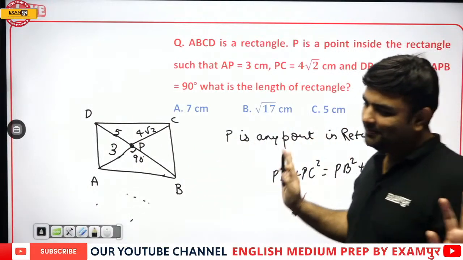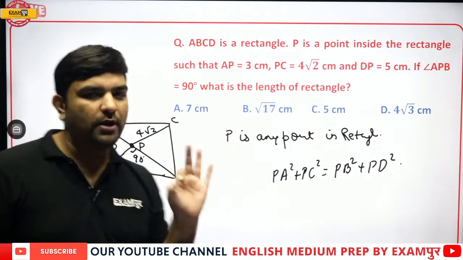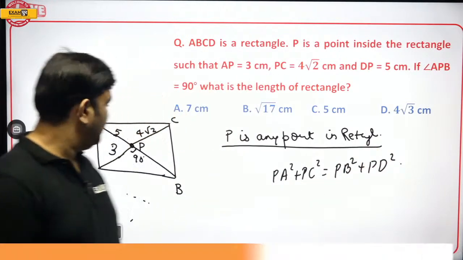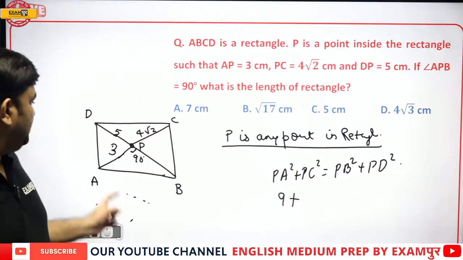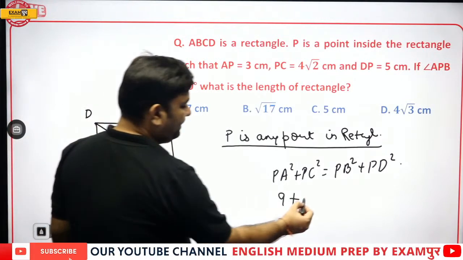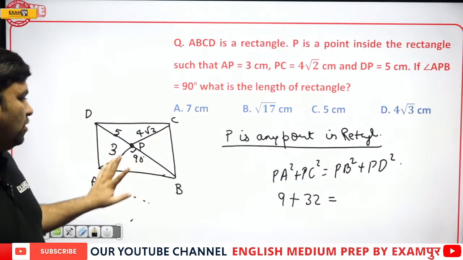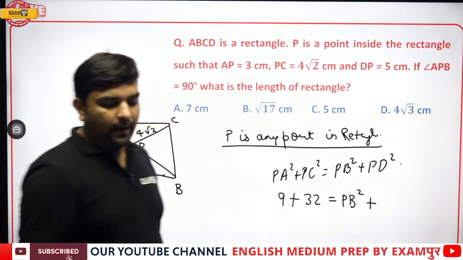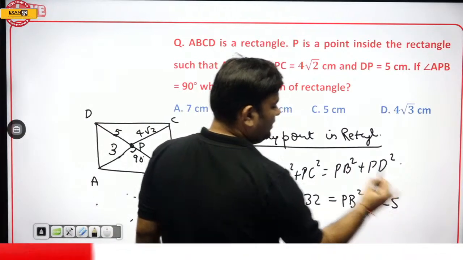Okay, let's go. PA square plus PC square is equal to PB square plus PD square if P is any point inside a rectangle. PA is 3, square is 9. PC is 4 root 2, square is 16 into 2, which is 32. What is PB? We do not know PB. PD is 5, square is 25.